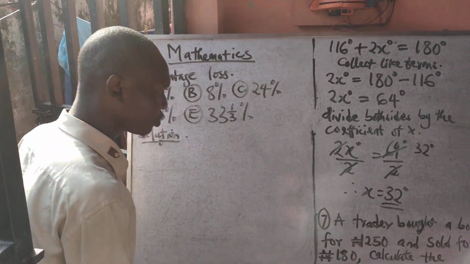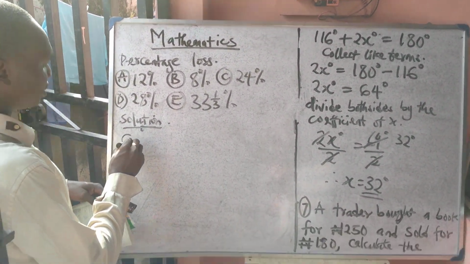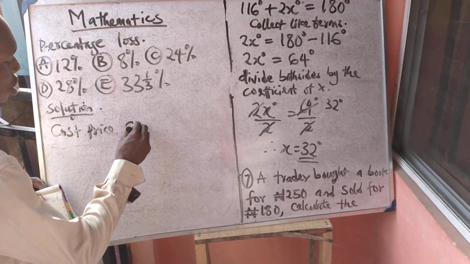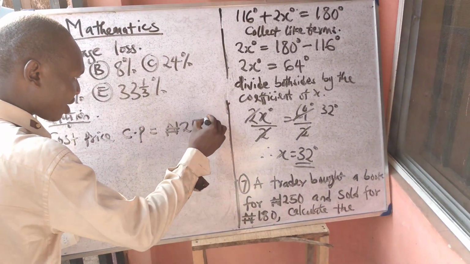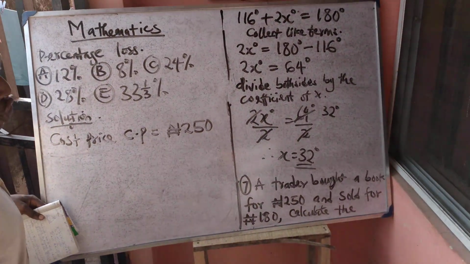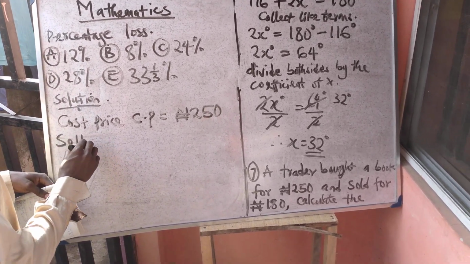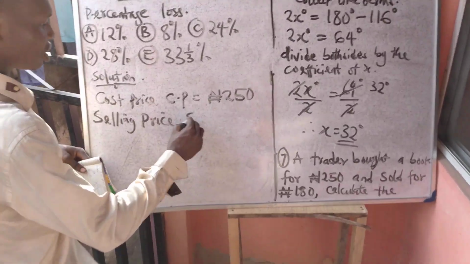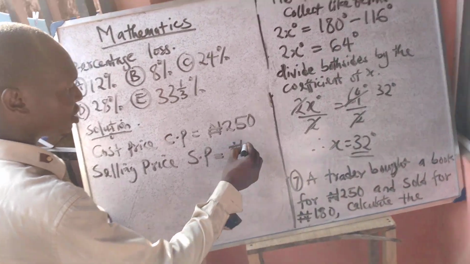A trader bought a book for 250 naira. Now the cost price in that particular business transaction is 250 naira, and he sold it for 180 naira. The selling price for that transaction is 180 naira.